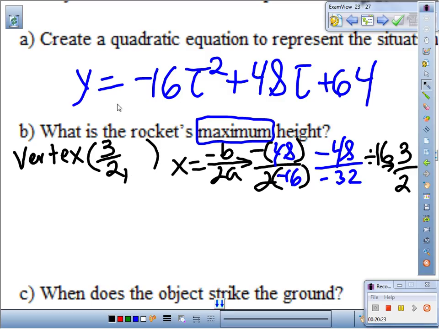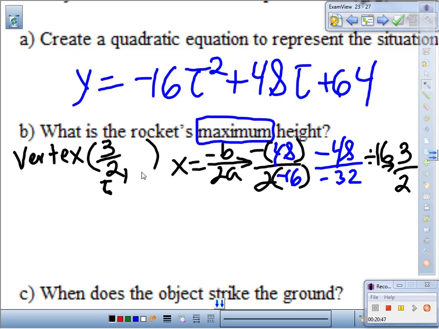That's our x value, or in this case, we don't have x in the equation, but we have a letter t. So if this is t, tell your neighbor what that means. What does that stand for? Bree, what does that stand for? Time. That is correct. And if we divide 3 by 2, that's 1.5 seconds.